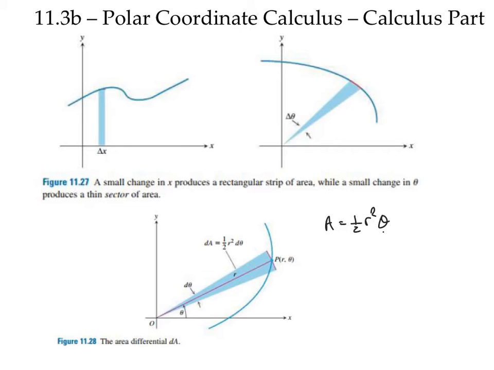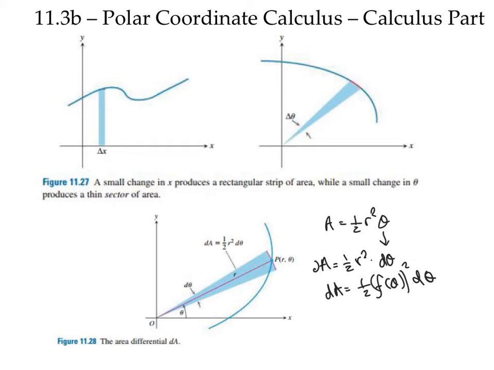Now here the theta becomes d theta, and so the little incremental area is 1/2 r squared d theta, and often we'll write this as 1/2 f of theta squared d theta.